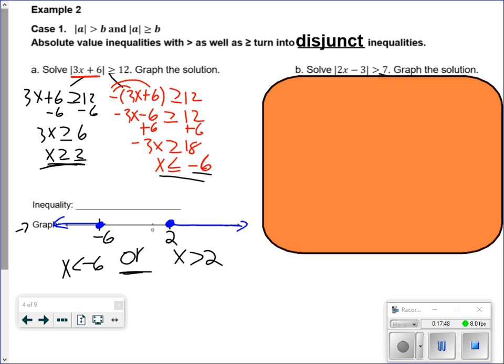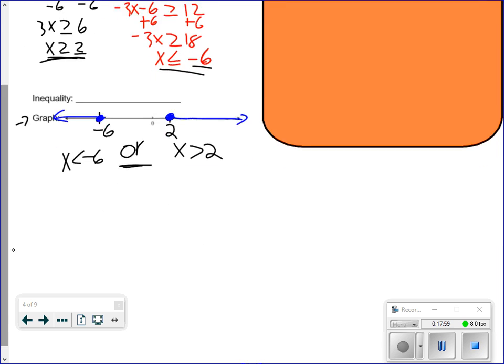But all it's telling me is that absolute value inequalities with a greater than or equal to turn into a disjunct inequality. That's basically what I just said right here. We can see when we have an absolute value being greater than or equal to, I have two different solutions going two different ways. So I'm either less than negative 6 or I'm greater than 2. I'm one of the two, right?